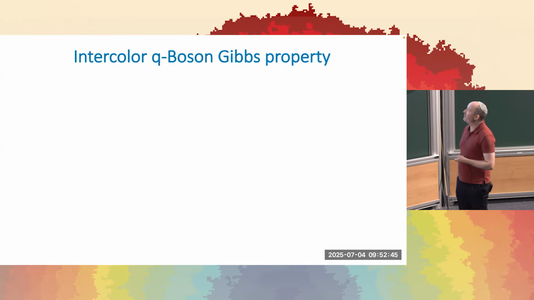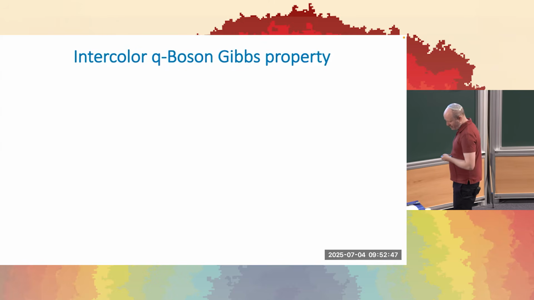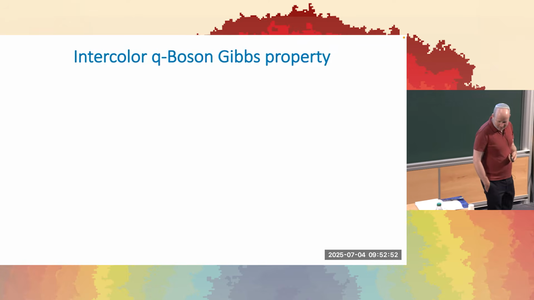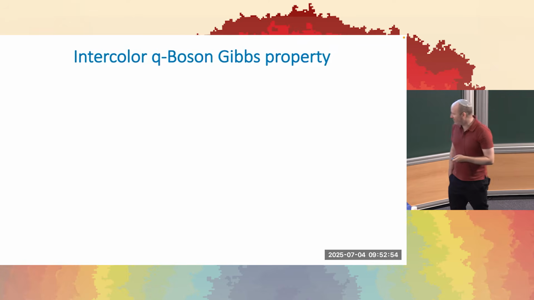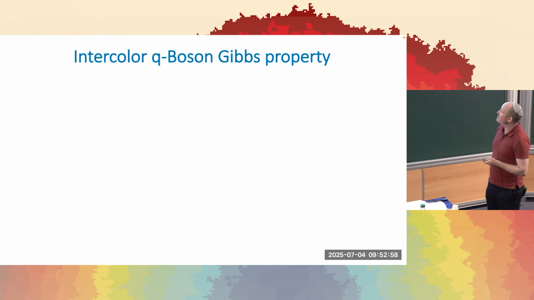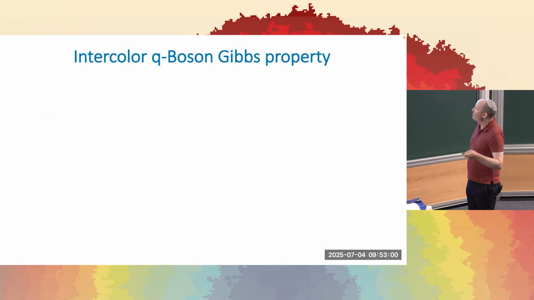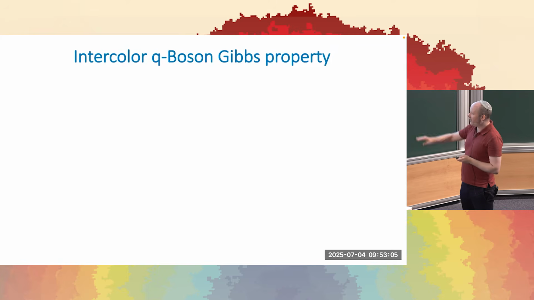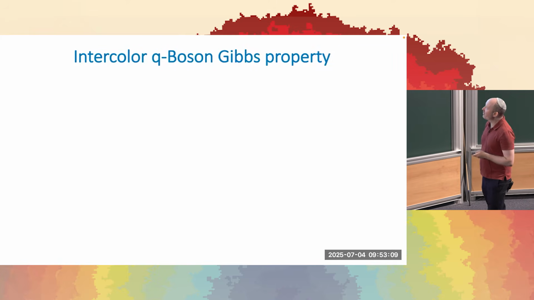So the first one is what we'll call the intercolor Gibbs property. And if you recall, and I don't expect that you do, but in the context of this sort of directed last passage percolation model, there was this Noumi-Yamada identity. There was an identity that related a variational problem for an arbitrary starting point to a variational problem in the push forward under RSK.